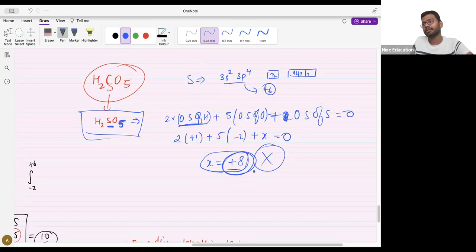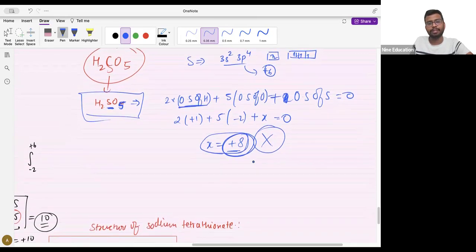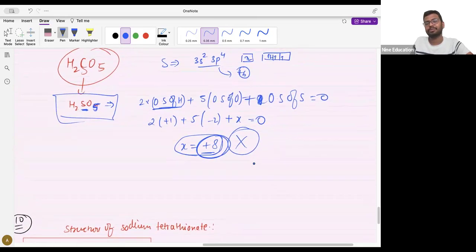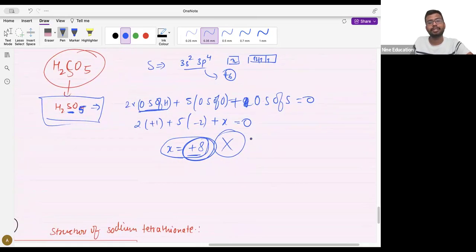So this is not possible at all. Something must be different here. This only is known as Caro's acid. H2SO5 is known as Caro's acid.